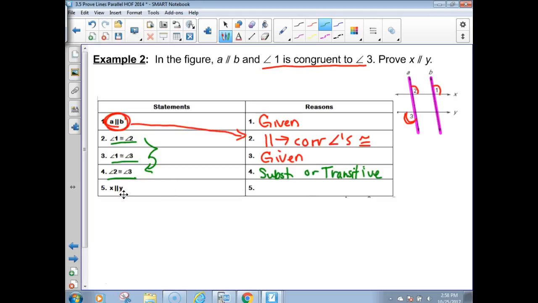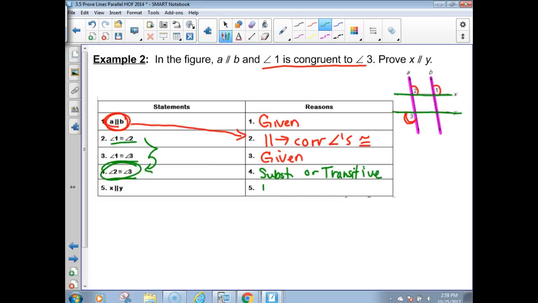Okay, then finally, why are lines X and Y parallel? Well, because angle 2 and 3 are congruent. What are 2 and 3? Now I'm paying attention to this line, and they're saying those are parallel now because 2 and 3 are alternate exteriors.